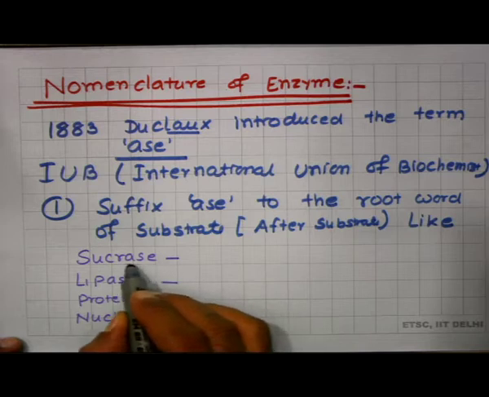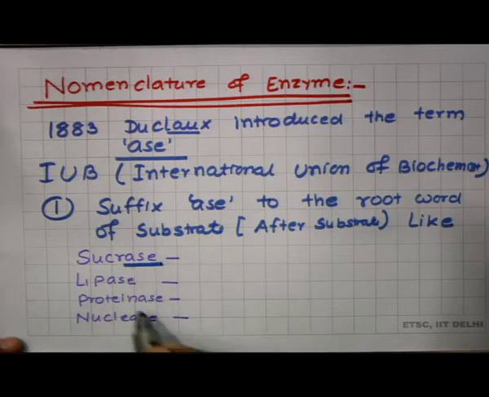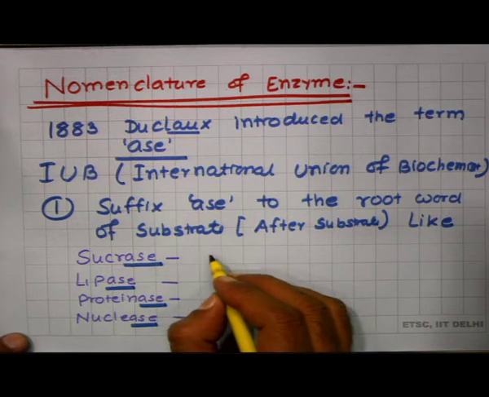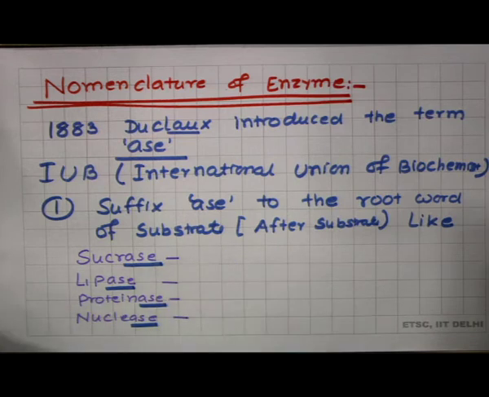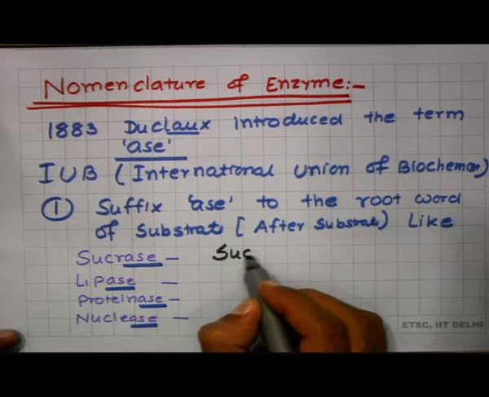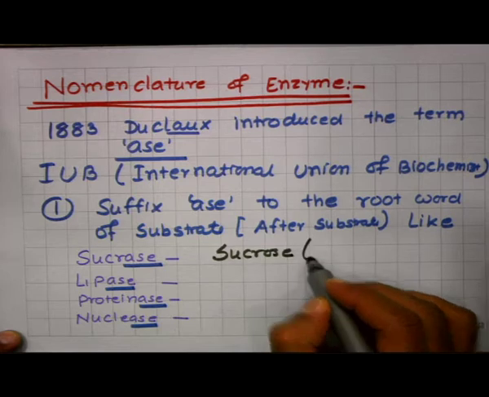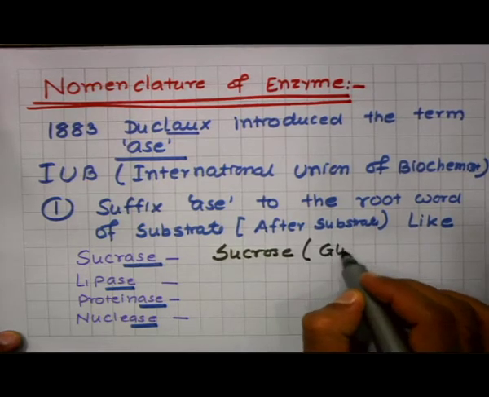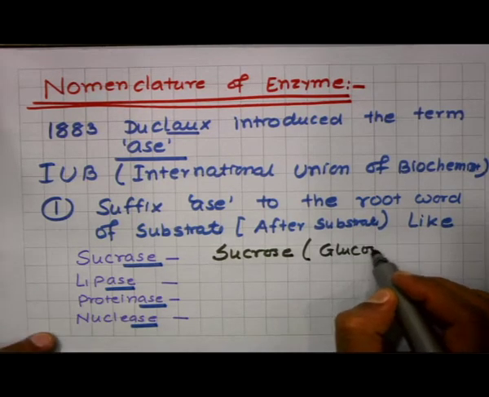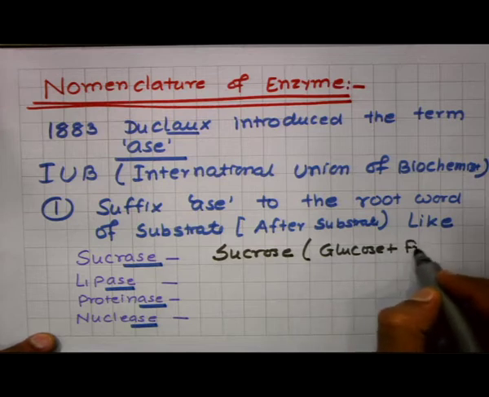In each and every enzyme you will find ase, ase, ase. Sucrase acts over the substrate called sucrose, which is made, as you have already learned, of glucose plus fructose.